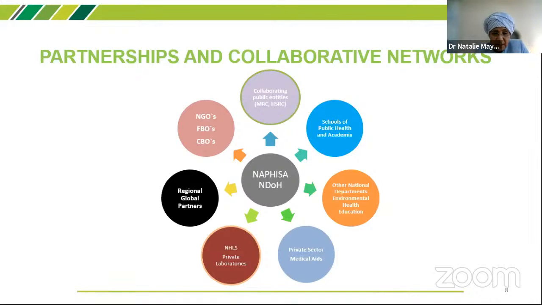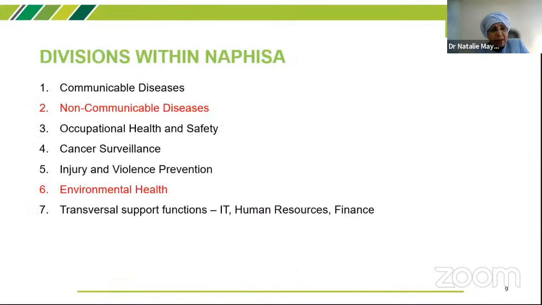Next one. So what are the divisions stipulated in the Act? It's communicable disease, non-communicable disease, and I've highlighted the non-communicable disease because this is an area where the rare disease framework could fit in. Occupational health and safety, cancer surveillance, another area, injury and violence prevention, environmental health, and of course the transversal functions.